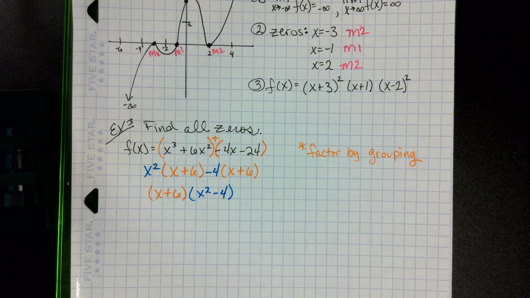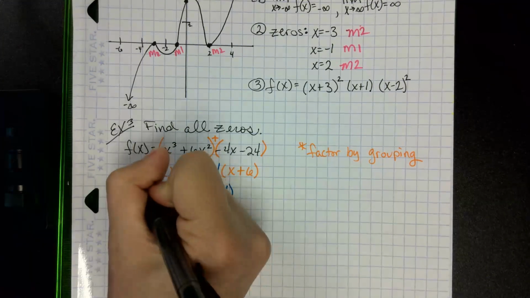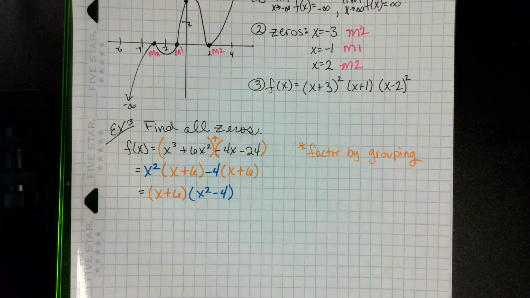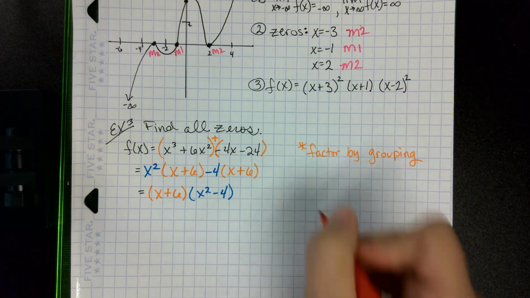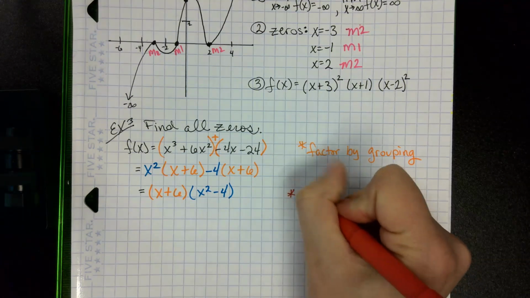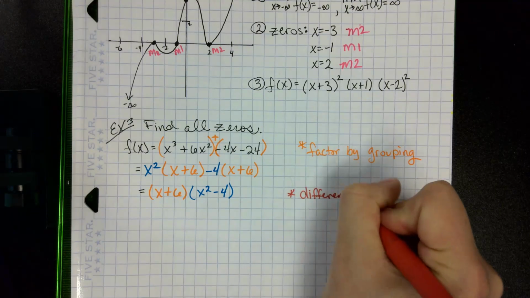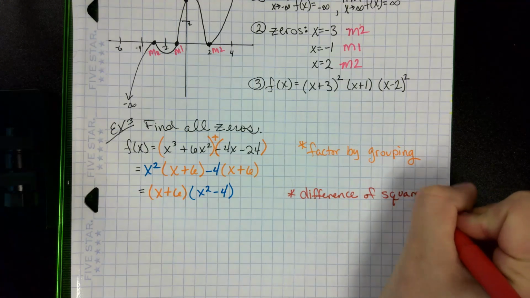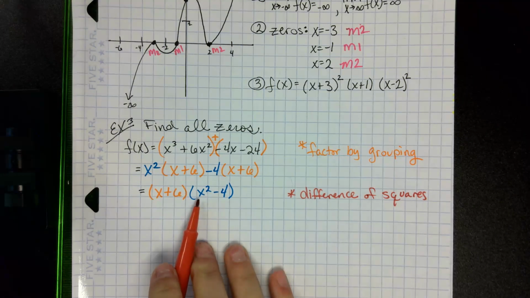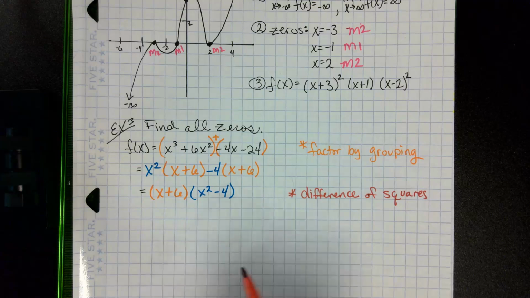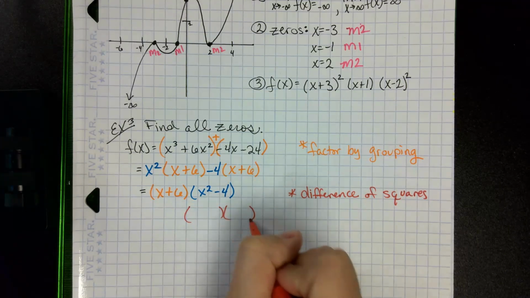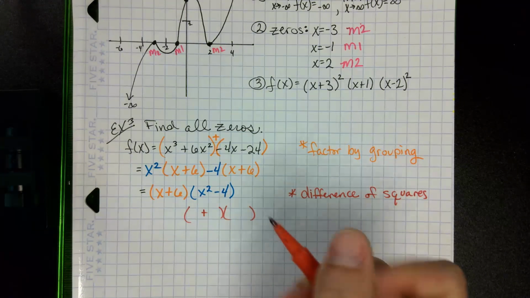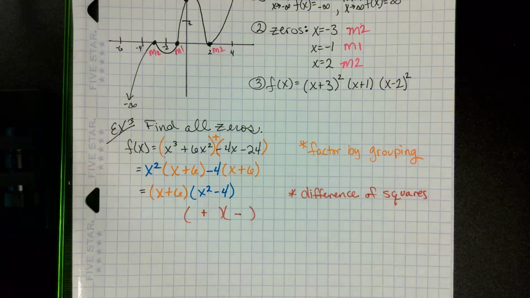But then, if I am factoring all the way, now these instructions do not say factor and solve, they just say find the zeros. But I want to go ahead and factor it all the way down. And I have x squared minus 4, that's difference of squares. So I have a perfect square minus a perfect square. So I split that up into two sets of parentheses. I make one set positive and the other set negative.